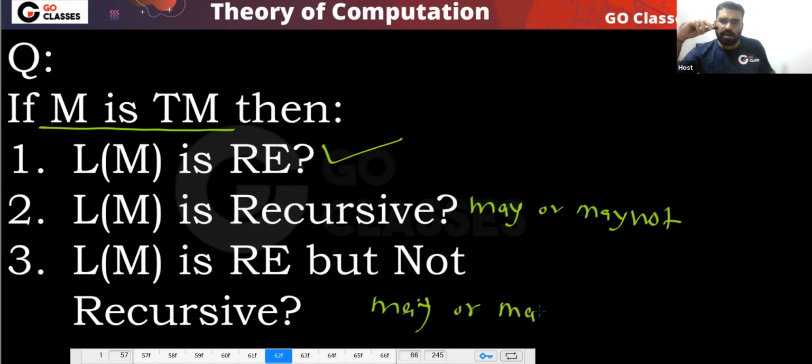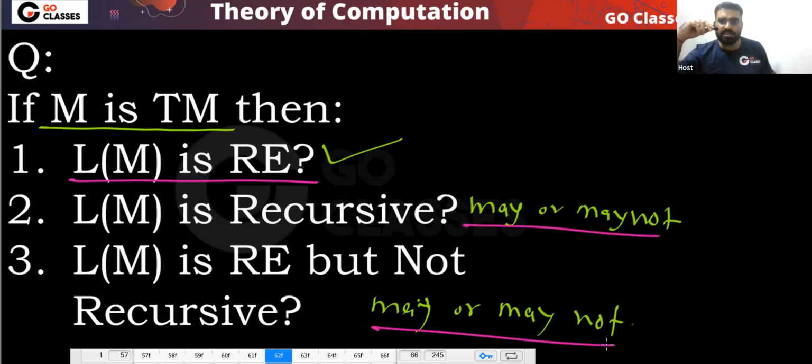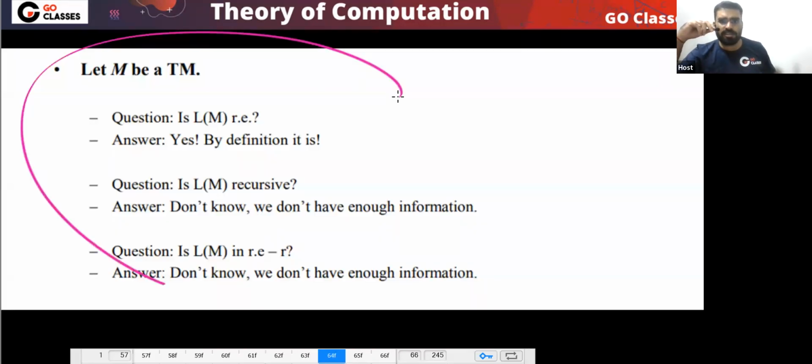Agree or not? So very simple. This will definitely happen: L(M) is RE. But we cannot say anything about recursive. We cannot say anything about RE but not REC.